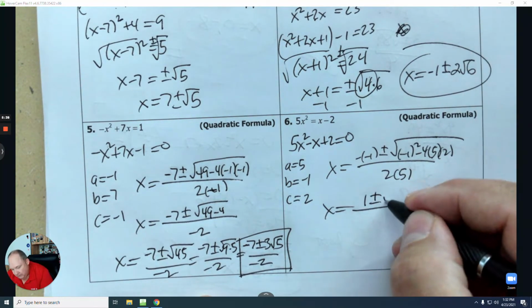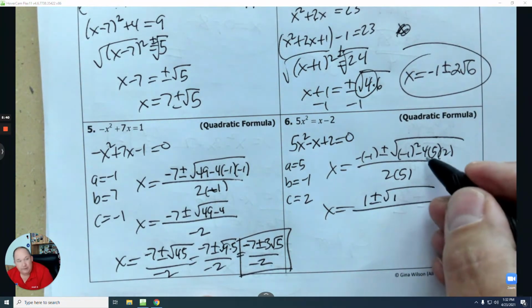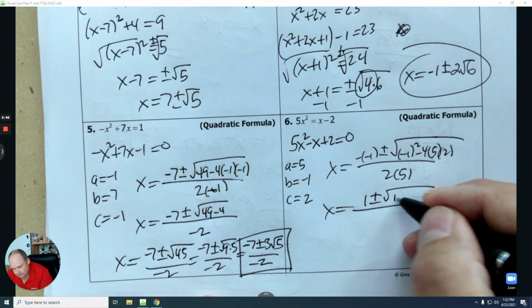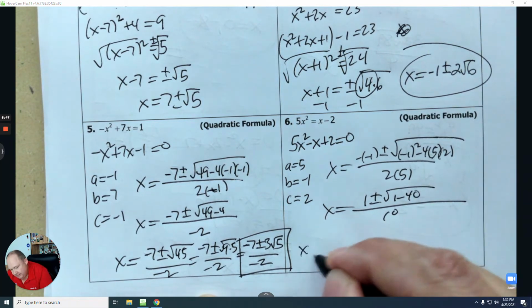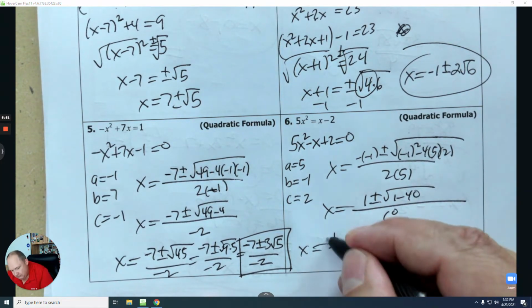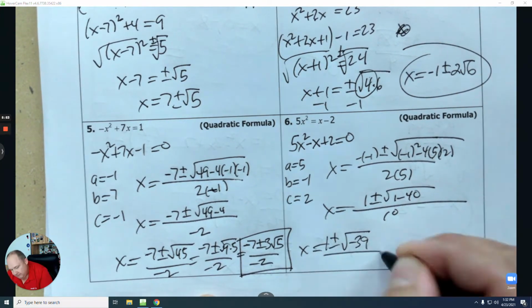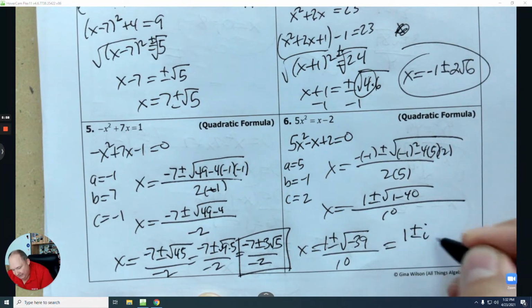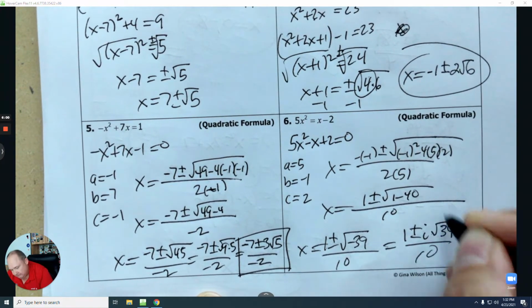That's positive 1. This is positive 1. Take away 40 over 10. 1 subtract 40 is negative 39. That's prime. So we can only write it as i root 39 over 10.